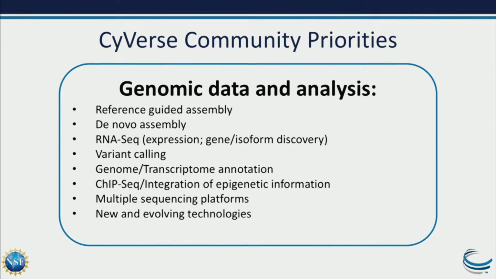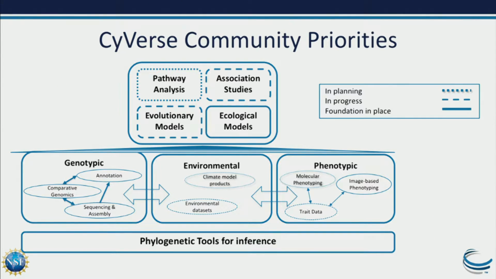The priorities for the community when we first started out in 2008 are very similar to what we are interested in today. So when you come to CyVerse, you'll find tools for everything from reference-guided assemblies, RNA-seq, ChIP-seq. There's a whole bunch of things. Really, I think it's clear that genomic data continues to be the big driver between big data and biology, but it's more than that.